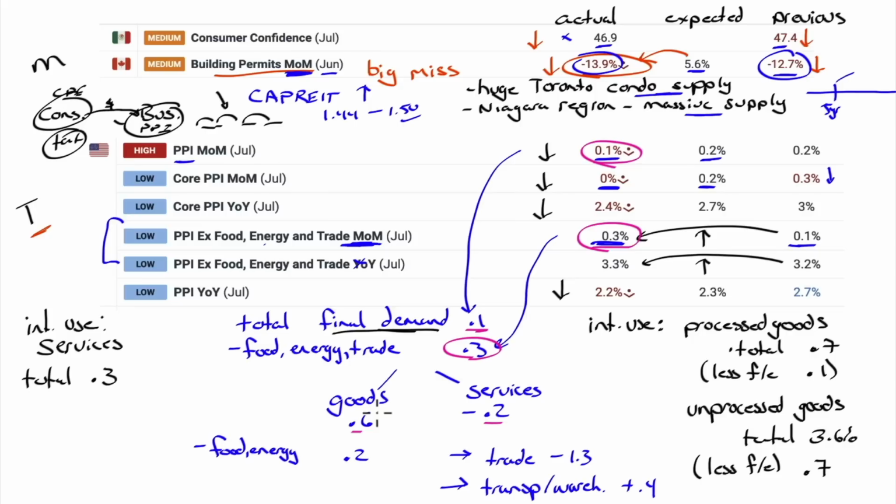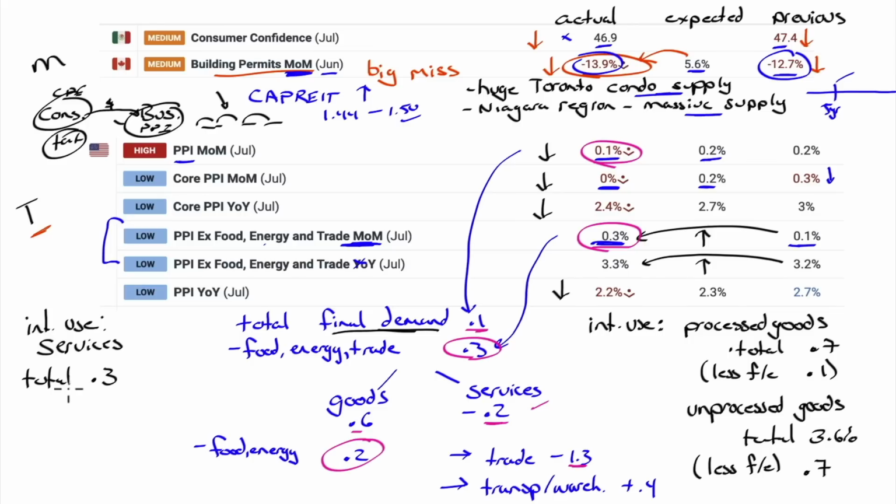Goods, 0.6. For CPI, we have seen negative or deflation basically on goods for quite some time. This is 0.6, services, negative 0.2. If we strip food and energy out of goods, we are up 0.2. For services, it has different components. If you look at just the trade component, it was negative 1.3.